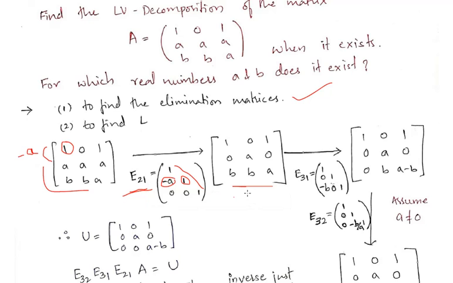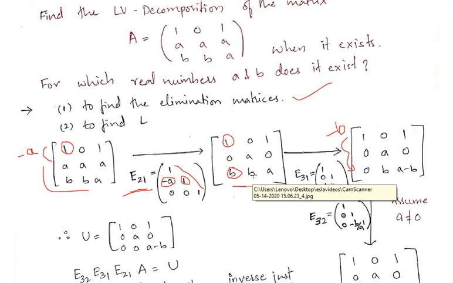Coming here, now I want to make this 0. Our pivot element is 1. I am multiplying minus b with row 1 and then adding it to row 3.